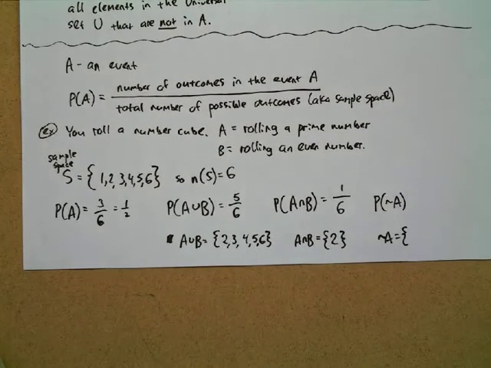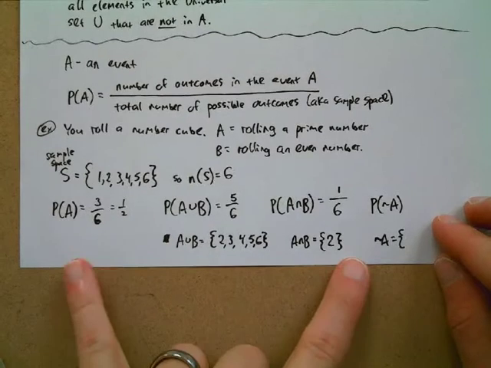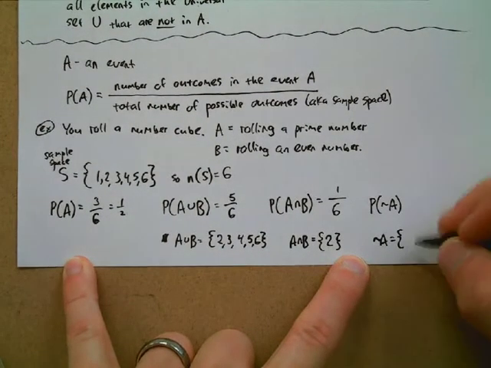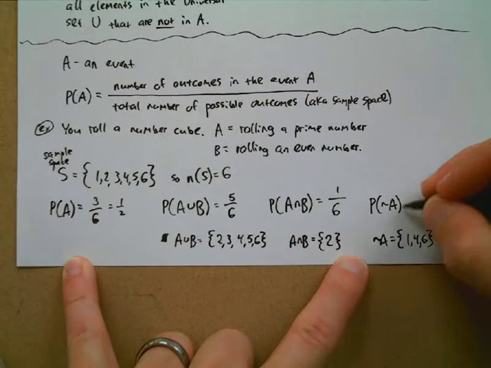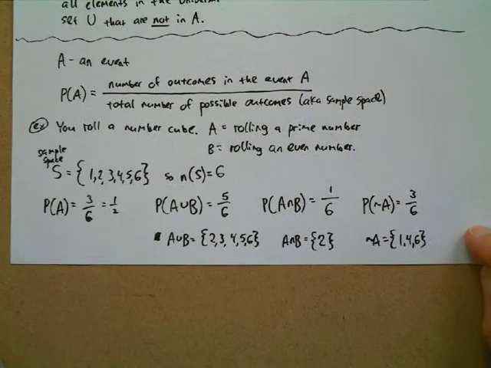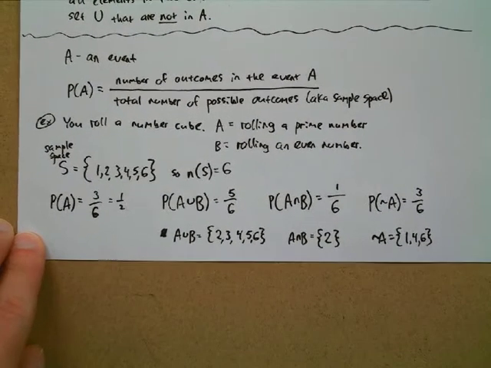If 2, 3, and 5 are A, what's the complement of A going to be? 1, 4, and 6. So there's 3 elements in that, so it's a 3 out of 6 probability there. And that's the idea.